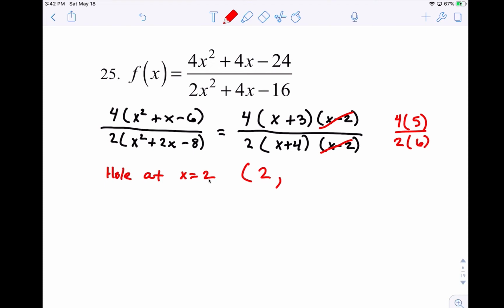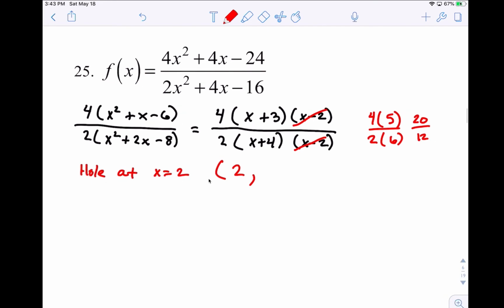So I have 20 over 12, which is 5/3. Okay, so at least I know the coordinate for my hole now.